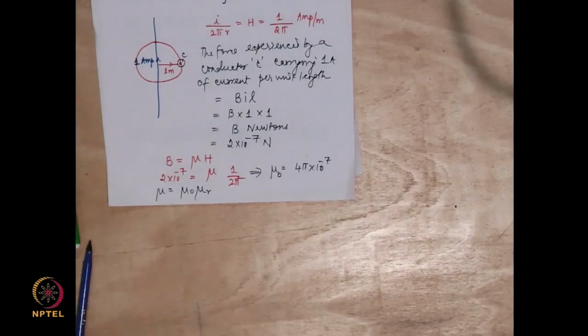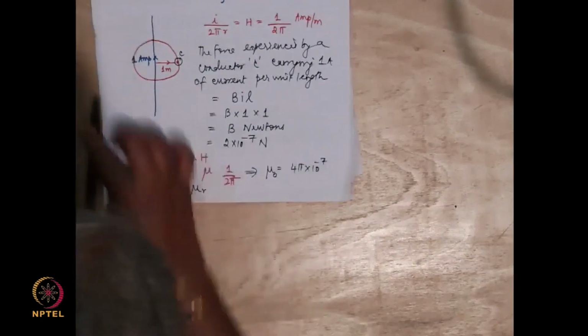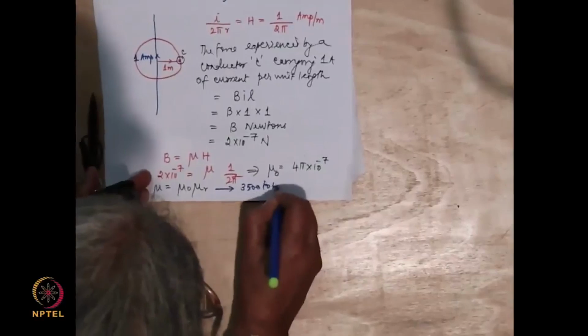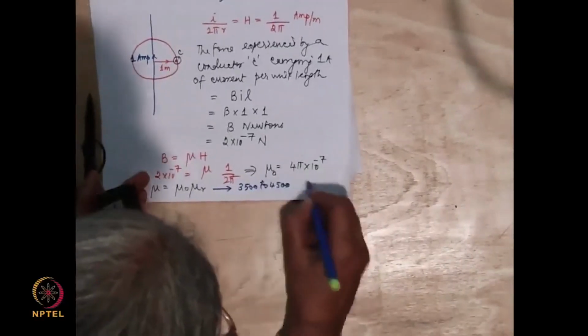For example, for silicon steel and so on, it will be about 3,500 to 4,500. Whatever we use in the transformers, many of them are going to have this mu r value to be almost 3,500 to 4,500 for steel and silicon steel.